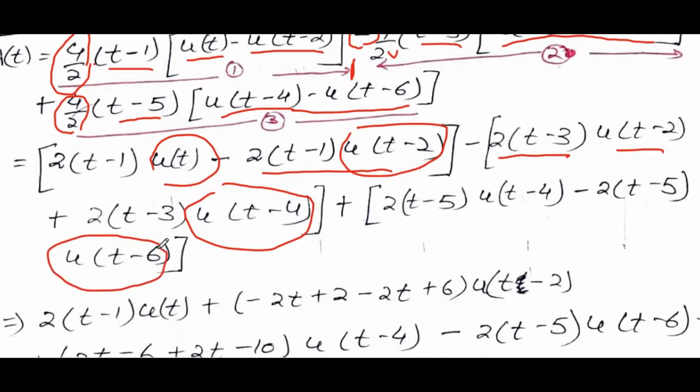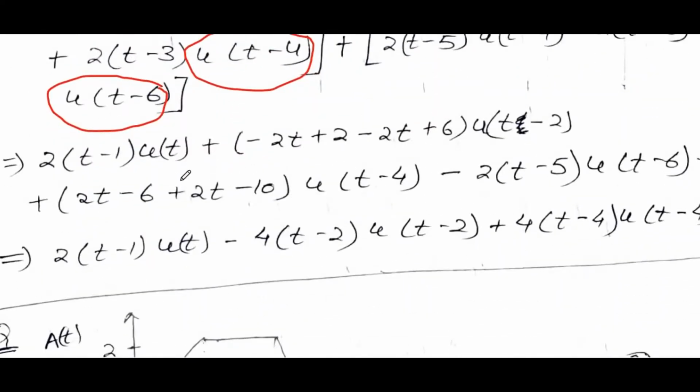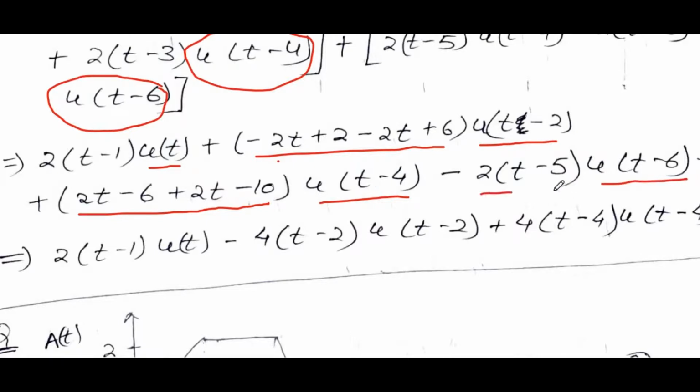So on separating this way, you will get 2t minus 1 u of t, and with u of t minus 2 you will get this part. With u of t minus 4 you will get 2t minus 6 plus 2t minus 10, and with u of t minus 6 you will get minus 2t minus 5, so on. So this is the final expression for this figure number 25.